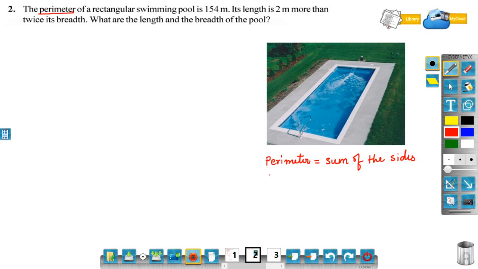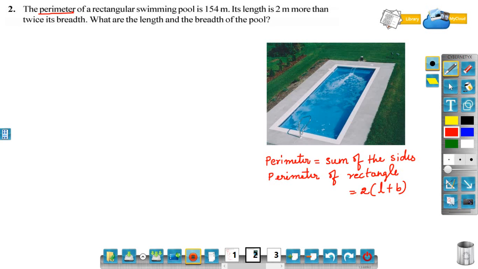So perimeter of a rectangle is equal to 2 into (L plus B), that is 2L plus 2B.